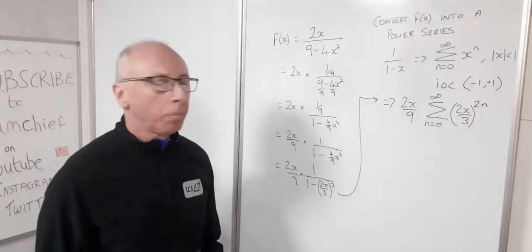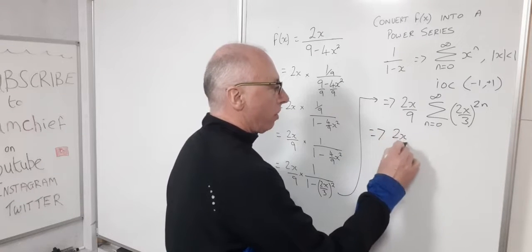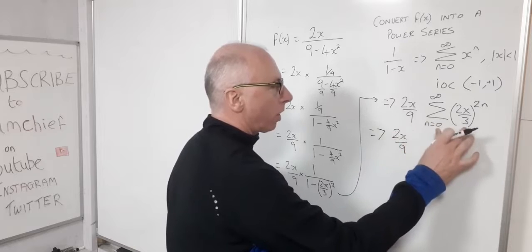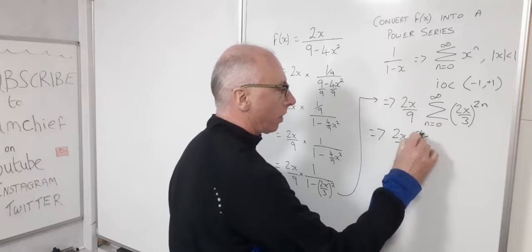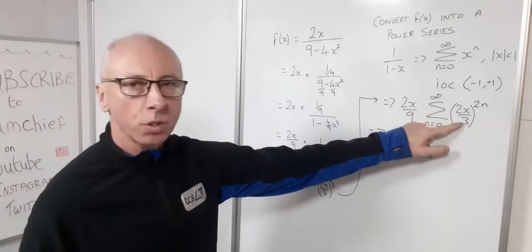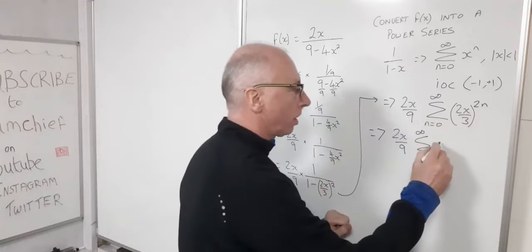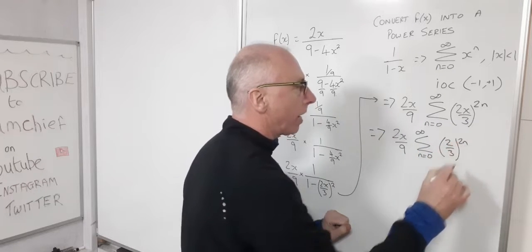So let's break things apart now. So now we've got 2x over 9, sticking with breaking this apart, n equals 0 to infinity. Now if I take my coefficient out, 2/3, let's do that first. So then I've got 2/3 to the 2n.